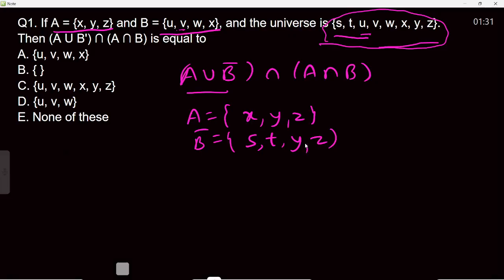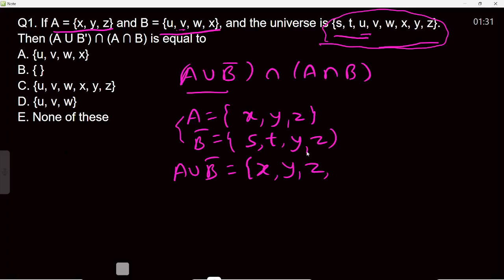Now what do we have to perform? We have to perform the union operation of these both. Now what is union operation? Union operation means we need to write all the elements of the sets uniquely. Okay, then X is present, we will write X, Y, Z. All of set A I have written.